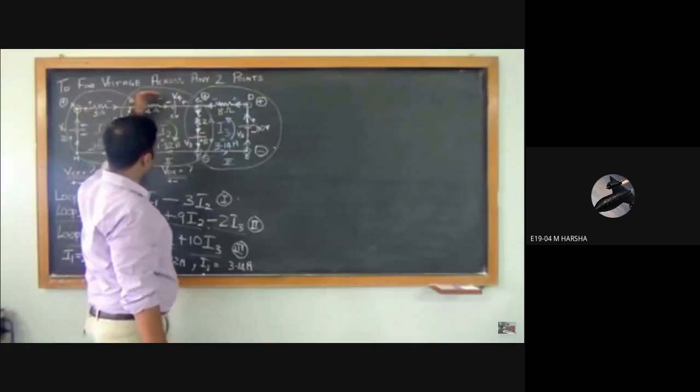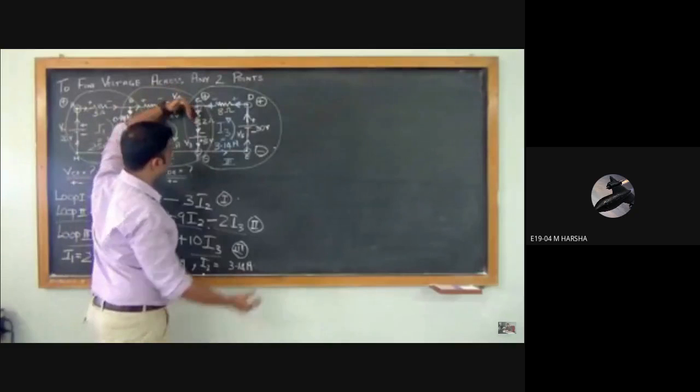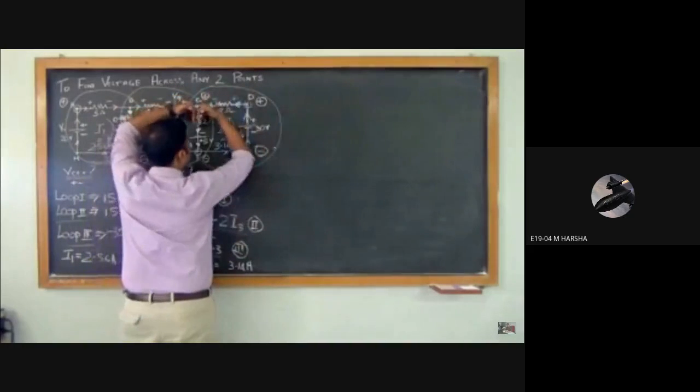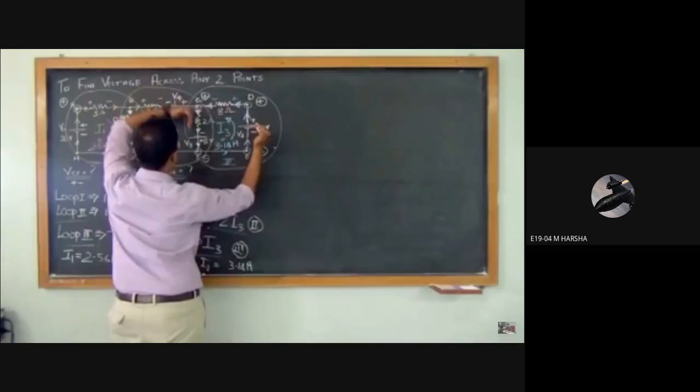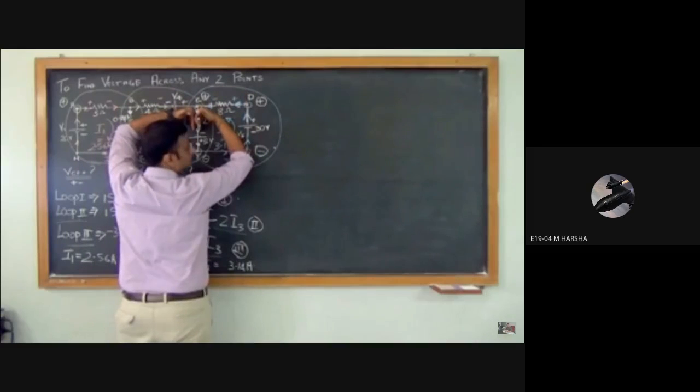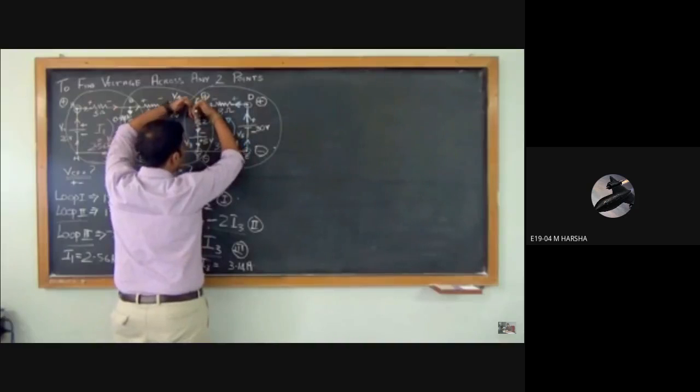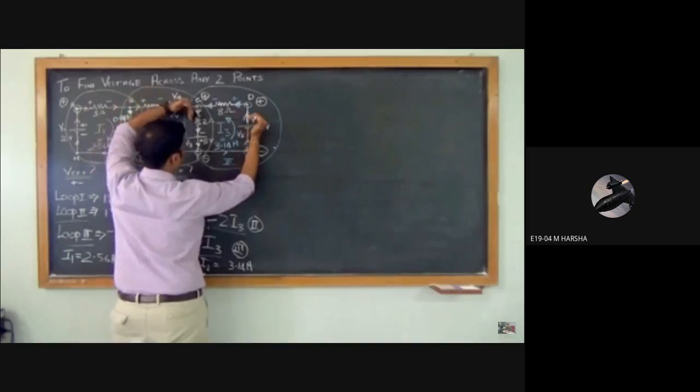Now, what will be the value? You have I2 flowing in this direction and you have I3 flowing in this direction. So the effective current flowing in the 2 ohm resistor will be I2 plus I3.